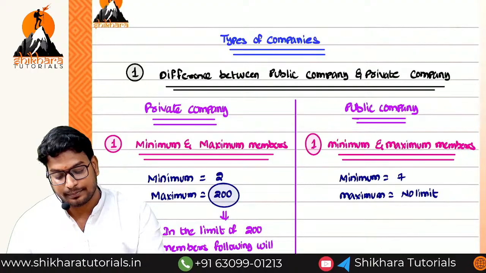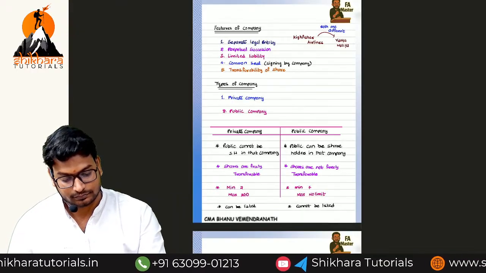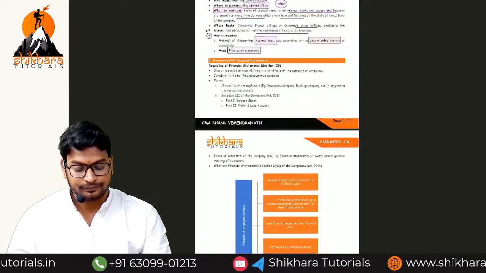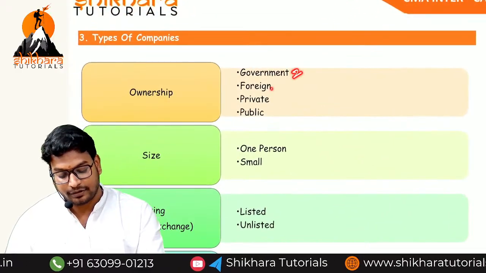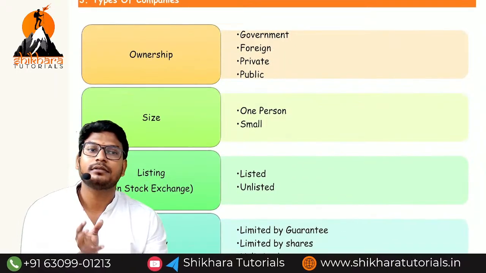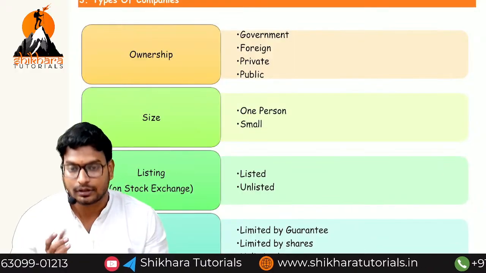So what are the main companies based on ownership? Just a second. Based on ownership, you have the government company, foreign company, private company and public company. Government means the majority holding is in the hands of government.